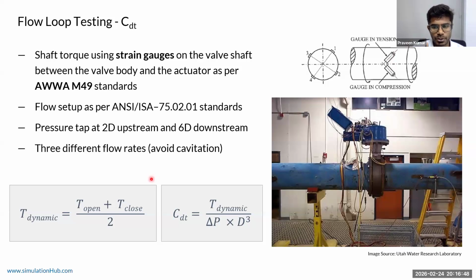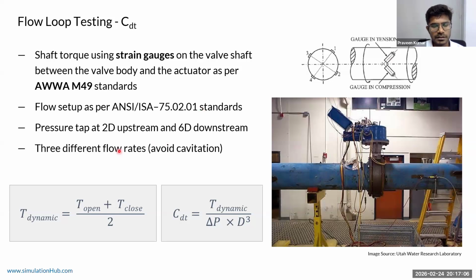You do it from open to close and close to open, then you calculate the dynamic torque, and you get the CDT by using this formula. Again, the pressure tappings and the other flow setup remain the same as for CV, the previous thing.